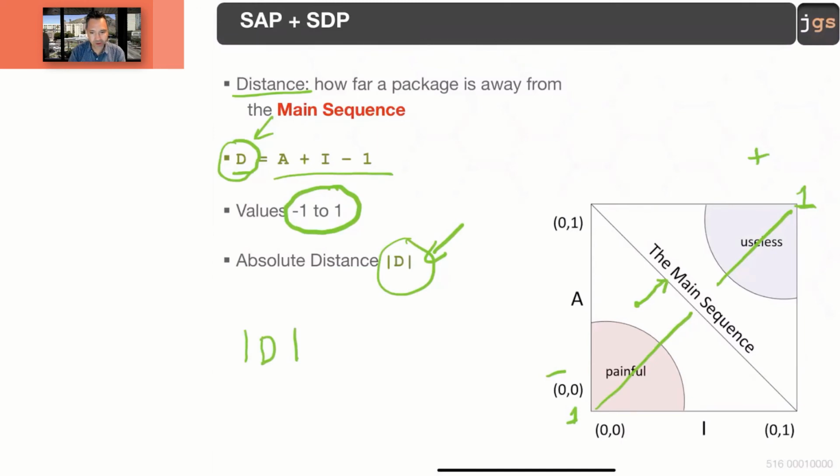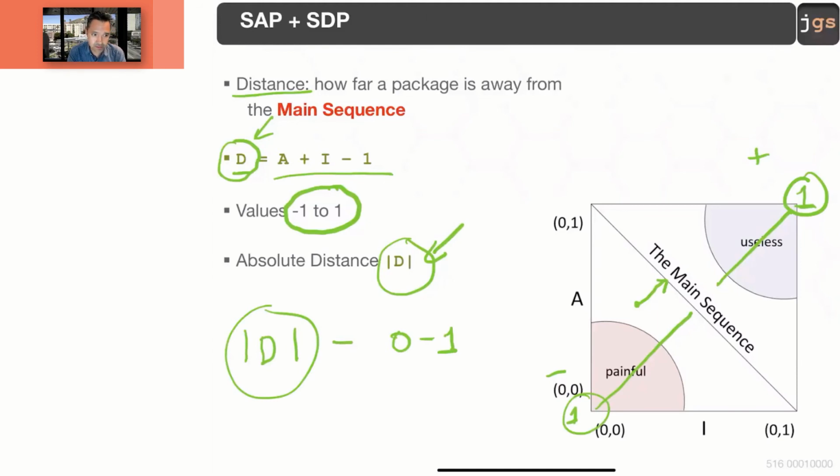The value for the absolute distance is going to be 0 to 1. So this one or this one, they are just going to be 1. Absolute value. We don't care about the sign. Two different metrics.